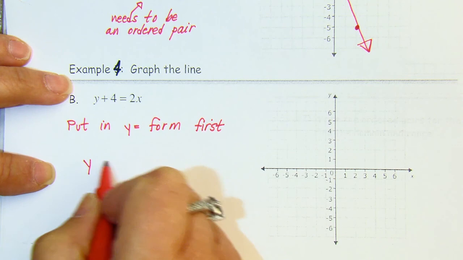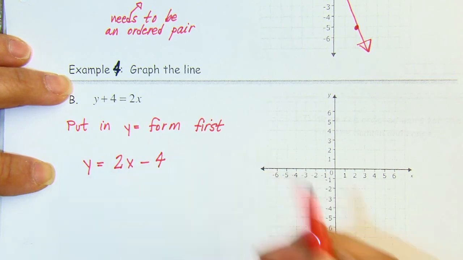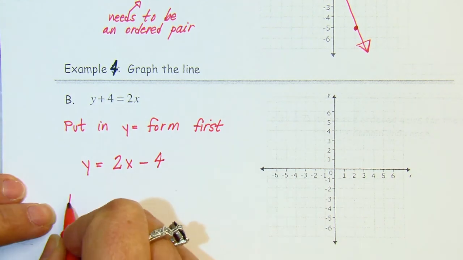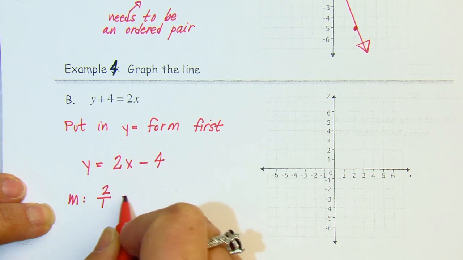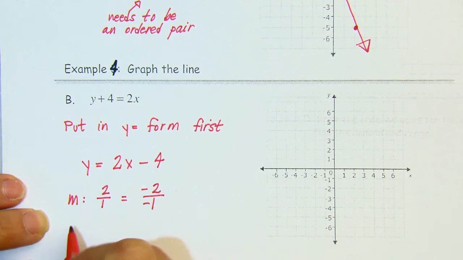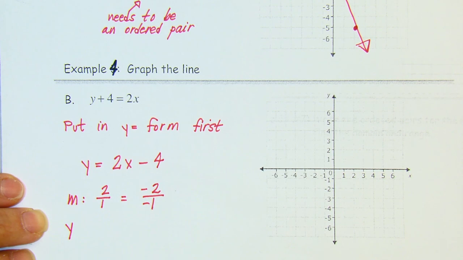This becomes y equals 2x subtract 4. From my y equals mx plus b equation, I see that my slope is 2 over 1, or -2 over -1. You don't have to write both of these, and when you give the slope on a test or a quiz, I would just say the slope is 2.